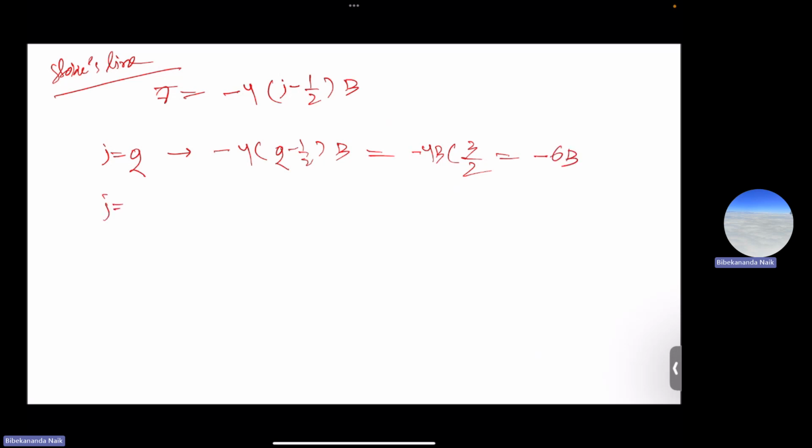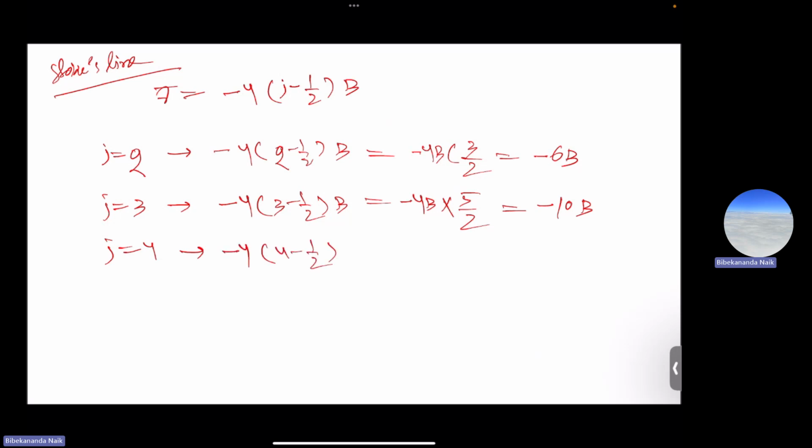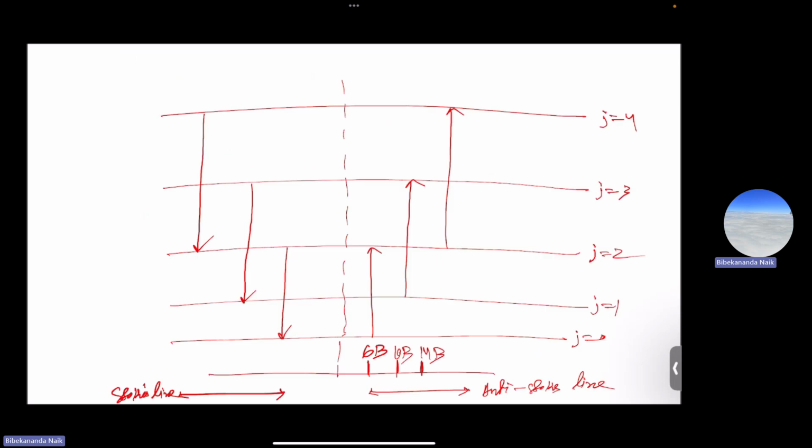Then J3: minus 4B into 3 minus 1 by 2, which is 5 by 2, will be minus 10B. J equals 4: minus 4B into 7 by 2 is minus 14B.